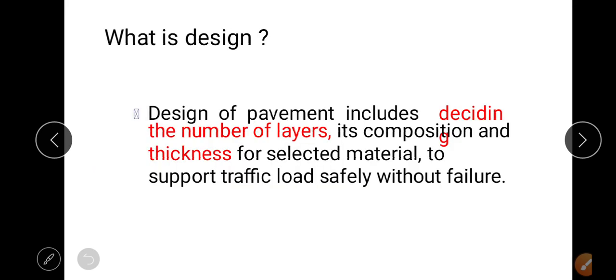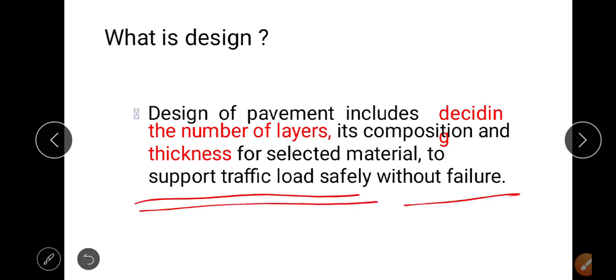What is design? I have already explained it sufficiently by giving examples. Design of pavement includes the number of layers, its composition and thickness for the selected material to support the traffic load safely without failure. That is the design.